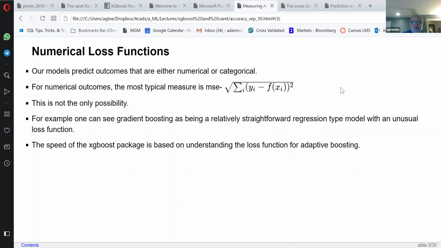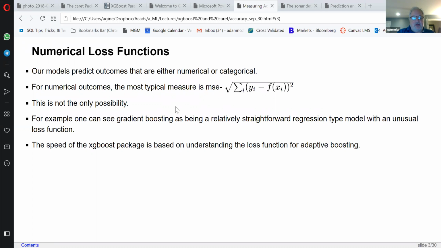So when we're trying to predict numbers, there's a pretty standard one. We use the MSE, mean square error, where we take each actual value and its prediction, we square the difference, we add them up, and then we take the square root. This is not the only possibility. Actually, last week we saw that the key to gradient boosting is a loss function that, at first blush, is not intuitive.